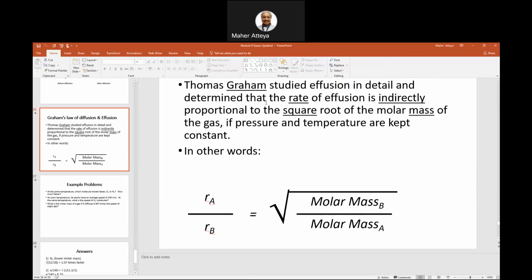Graham's law tells you this is always inversely proportional to the square root of their molar mass. So what do you think? Which one will come first inside the tire, nitrogen or oxygen?